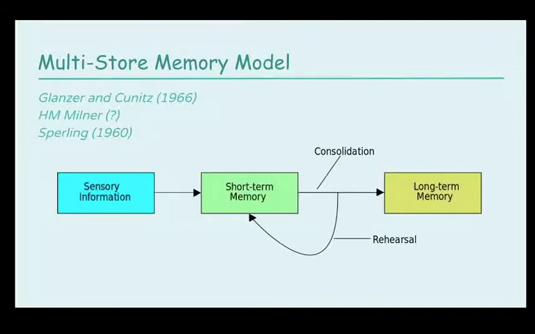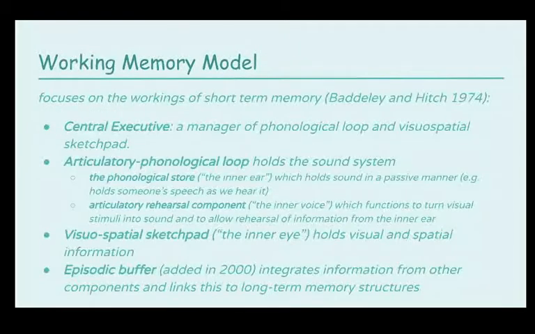I'm not sure if the date is 1966, but one of them was by Milner and Scoville. I think it was like 1956 or something.